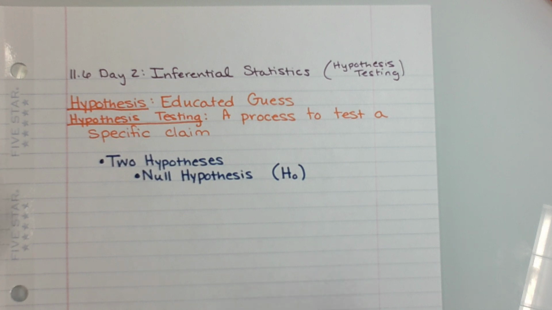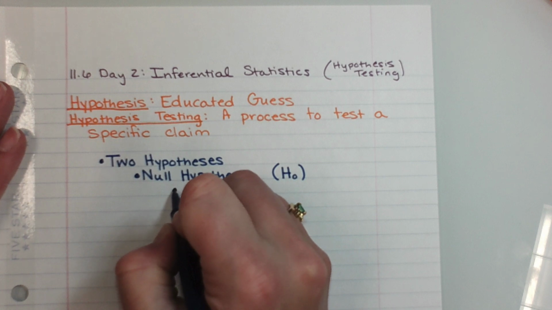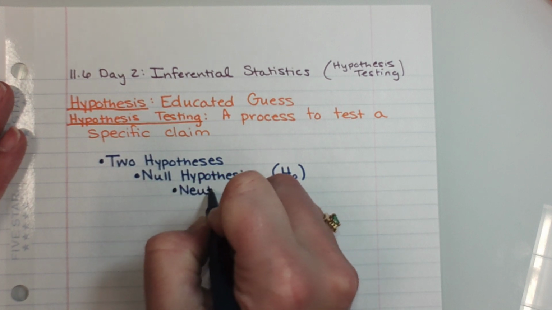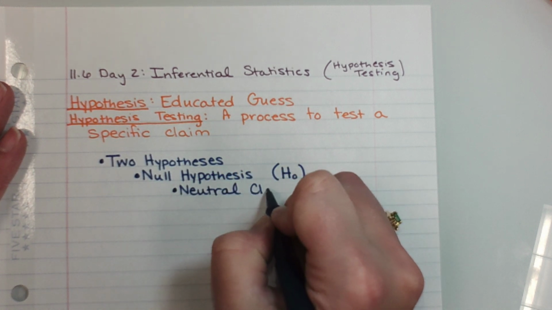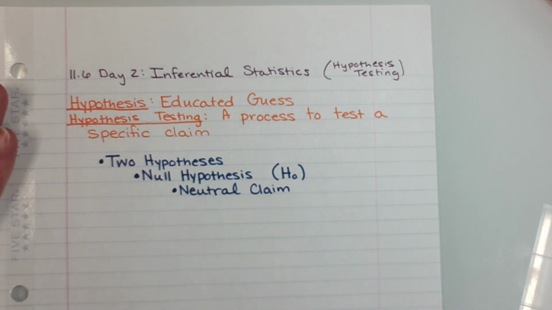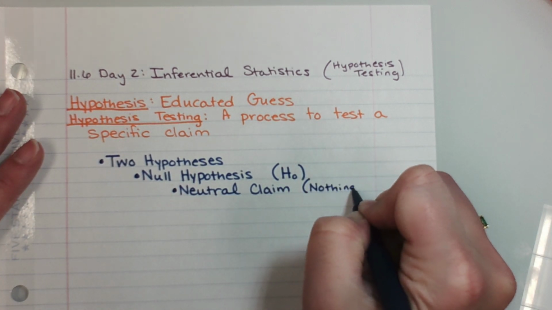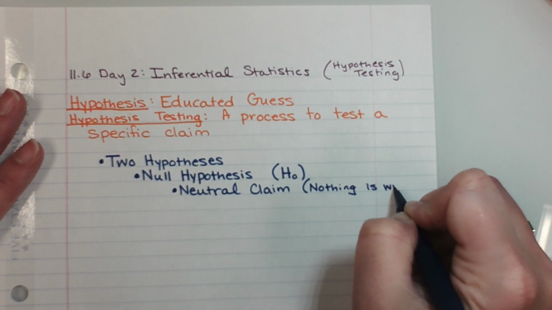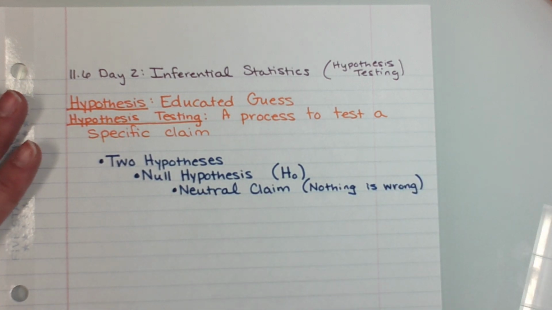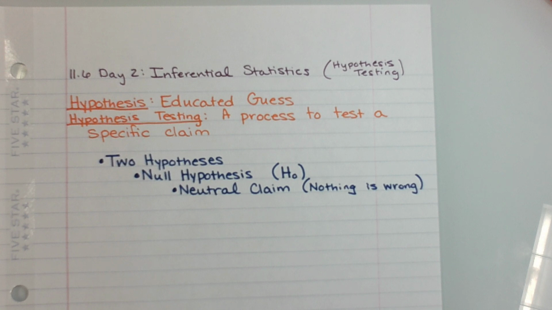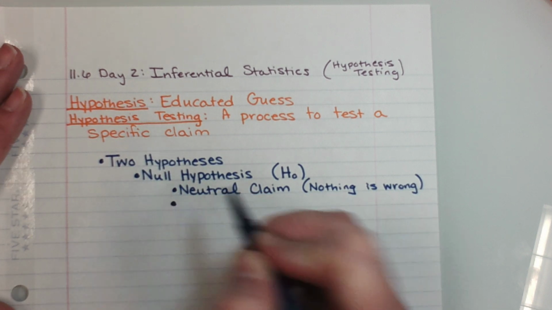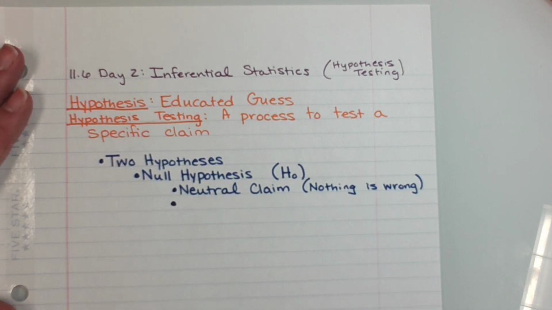The null hypothesis is considered to be the neutral claim. It is the statement that nothing is wrong. It's essentially the statement that the expert knows what they're talking about. There's one other thing we're going to write about null hypotheses. We're going to come back to that.